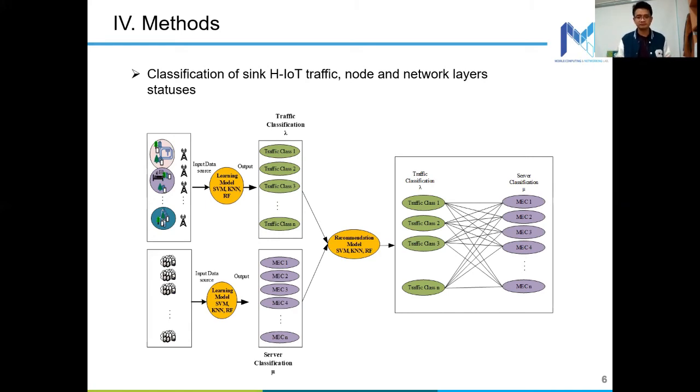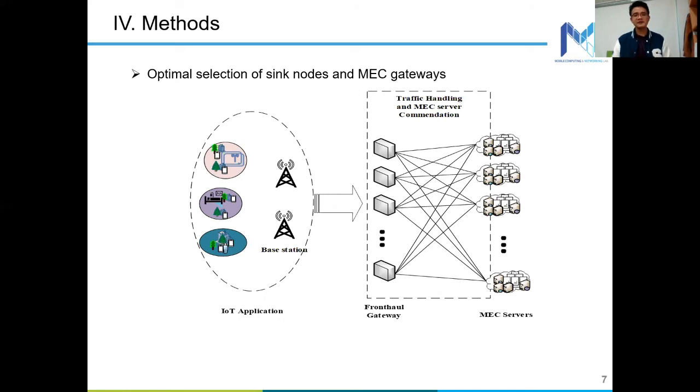Traffic slicing after classification: after performing the classification of the data plane traffic, the second step is to recommend the optimal resource to serve each different slice of the traffic, in the radio network, in the sink node, and from the sink node to the edge cloud or hospital cloud gateway.